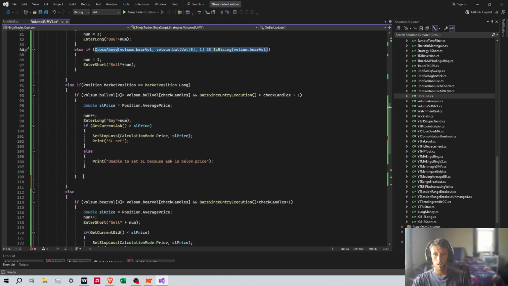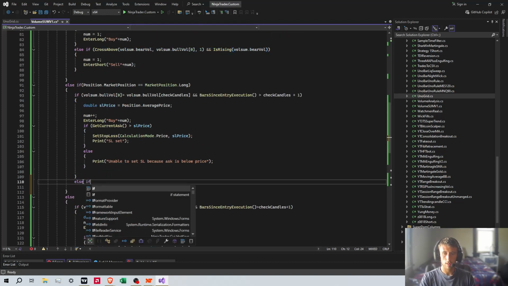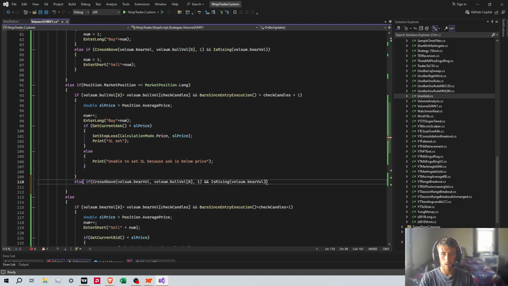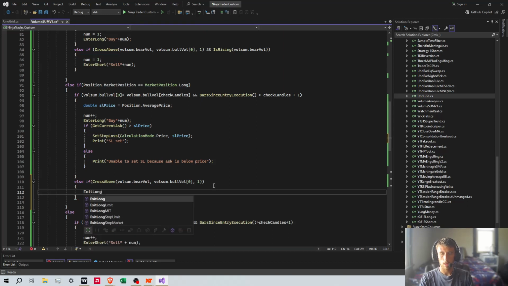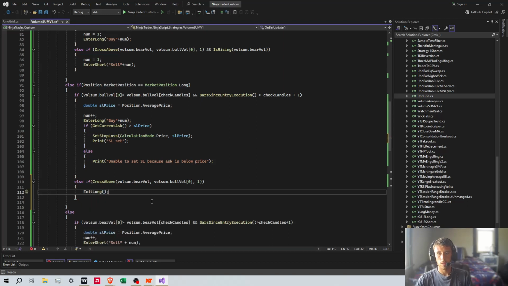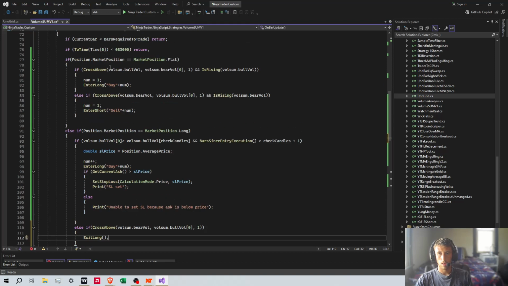So if we're long, else if the bear volume crosses above the bull volume, don't care if it's rising, then we exit long. And then same thing.